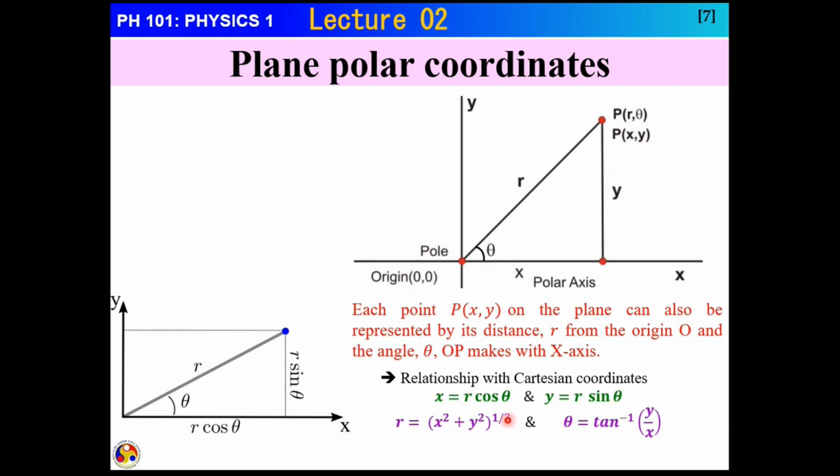If you are working with a Cartesian coordinate system and you want to go to the polar coordinate system, something is given in Cartesian coordinate system and you have to convert this to polar coordinate system, you can easily do. And here is the formula: r is equal to square root of x square plus y square, and then theta is tan inverse y by x.